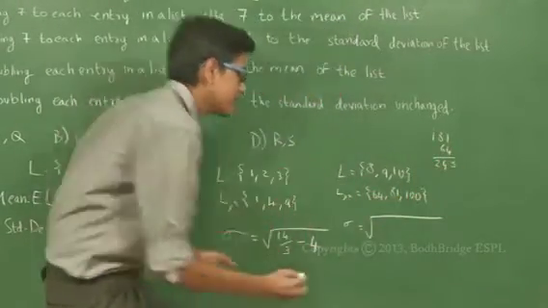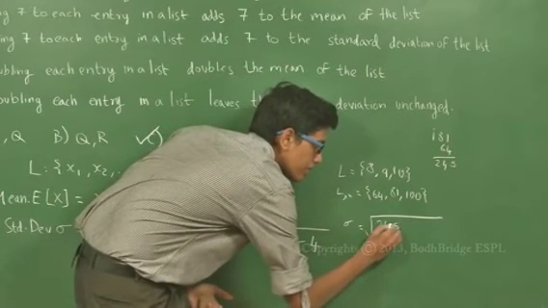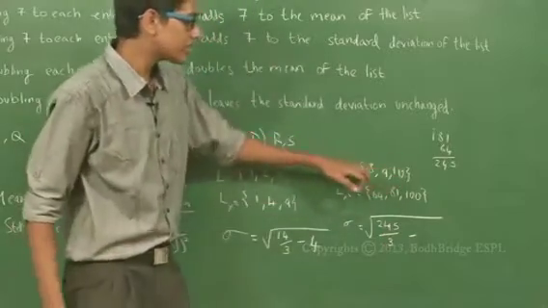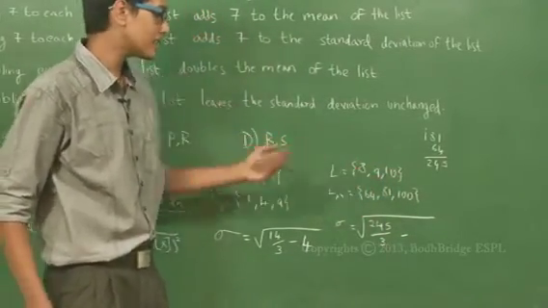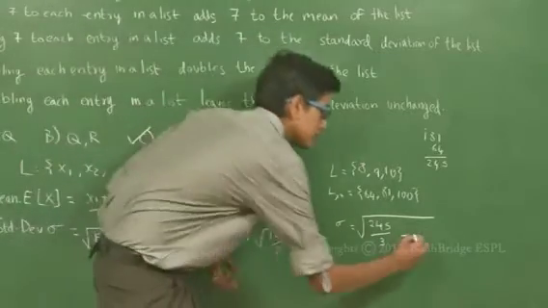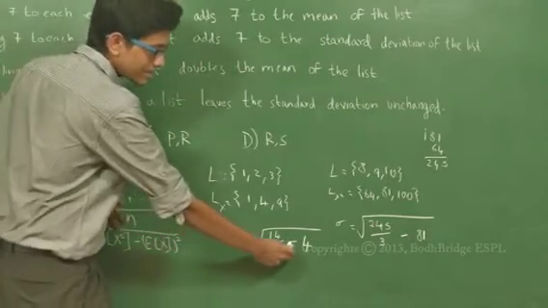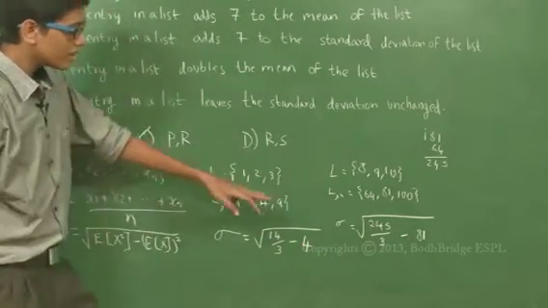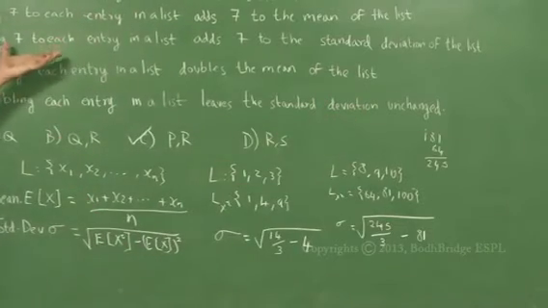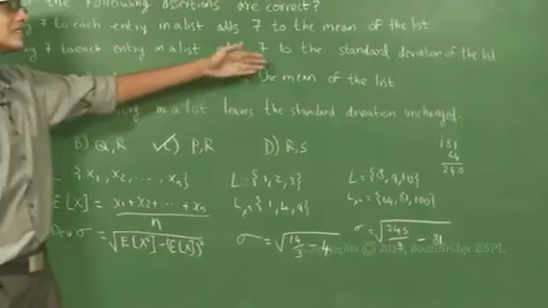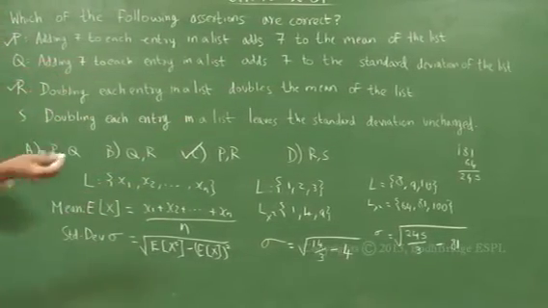So it's 245 by 3, minus the mean of the list, the whole squared. The mean of this list is 10 plus 9, 19, plus 8, 27. 27 by 3 is 9. So 9 squared is 81. We see that there is no correlation between this sigma and the earlier sigma, because E of x squared increases exponentially. So if you add 7 to each entry in the list, it does not add 7 to the standard deviation. So assertion Q is not right.